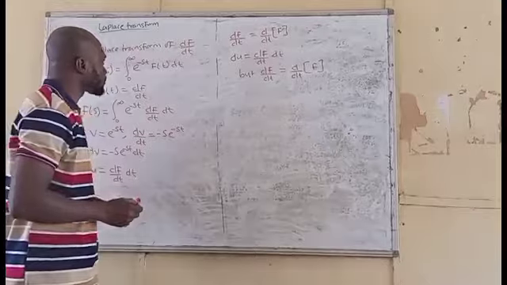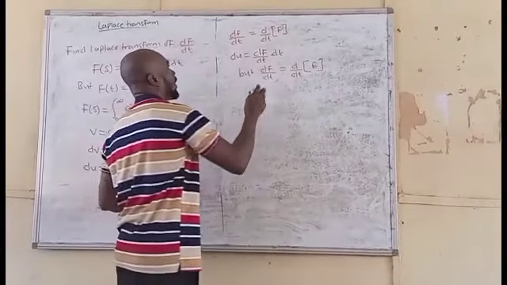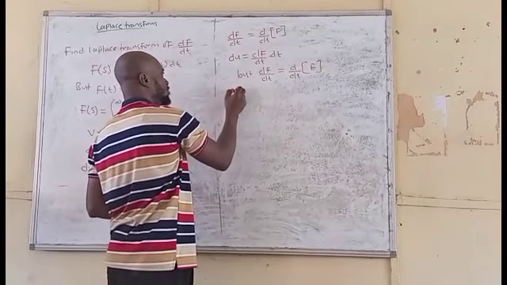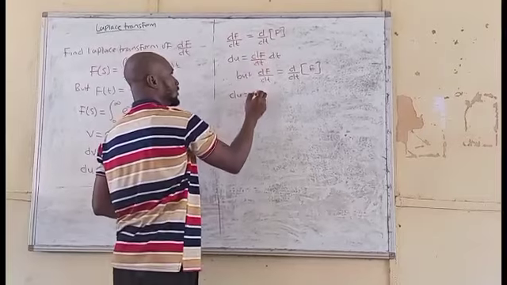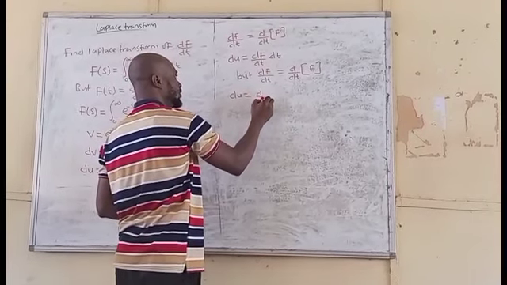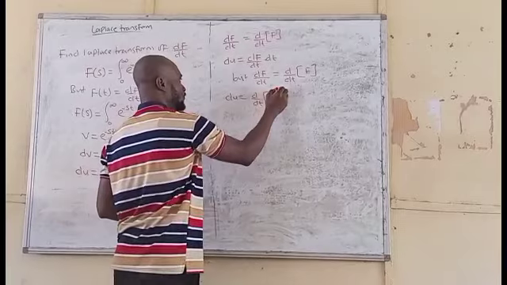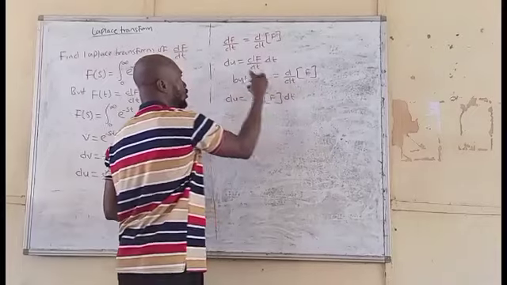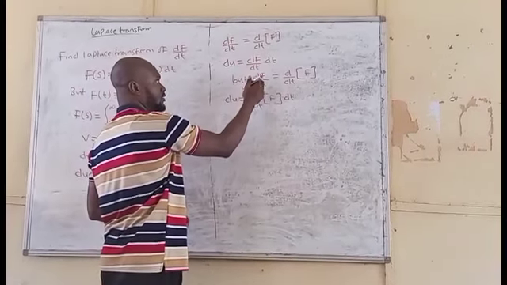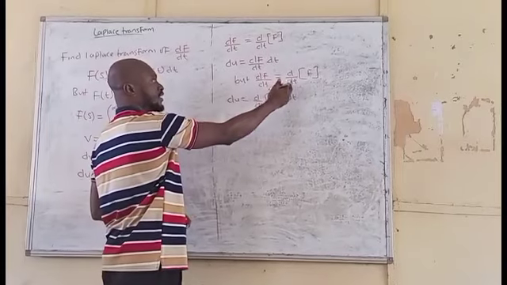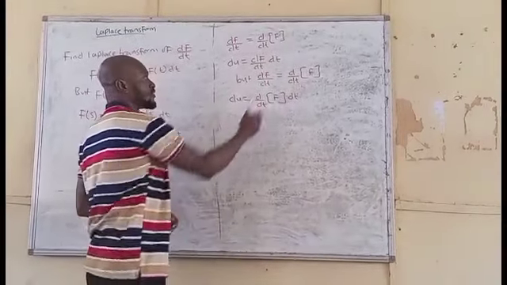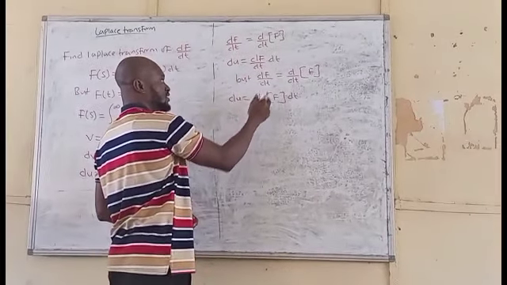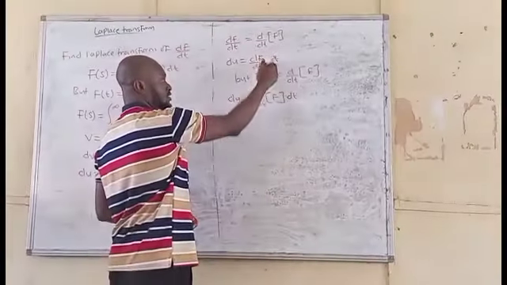So finally, what I'm going to do is substitute this into this. Then I'll have my du equal to d over dt, multiplied by f, then I have dt here. Because my df over dt is equal to d over dt multiplied by f, if I substitute it here, I'll have du equal to d over dt multiplied by this f times this dt.